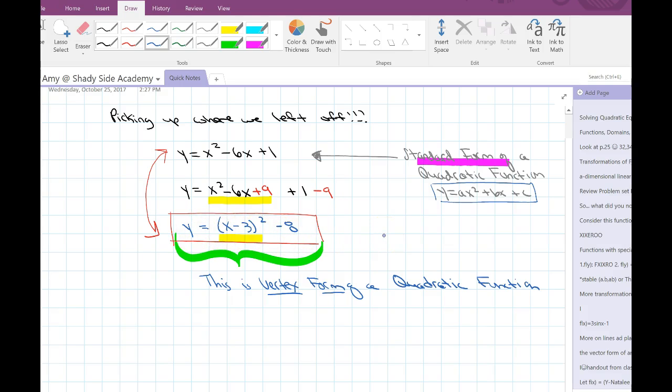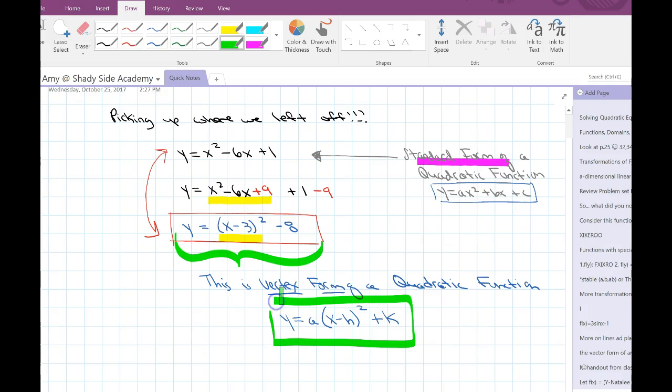The general vertex form of a quadratic function is the following. y equals a times the quantity x minus h squared plus k. And this is your new best friend, and let me tell you why. If you have a quadratic function written in vertex form, a lot of information is gleaned here.